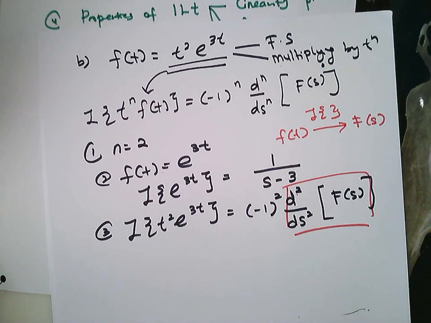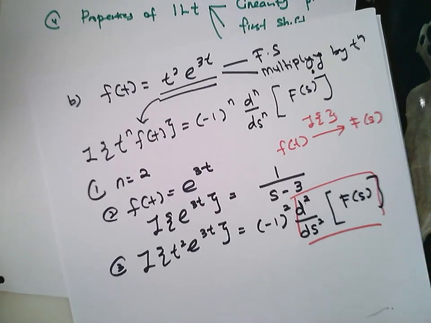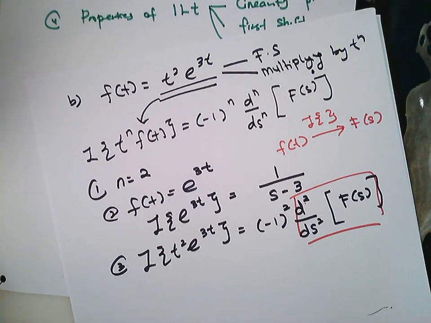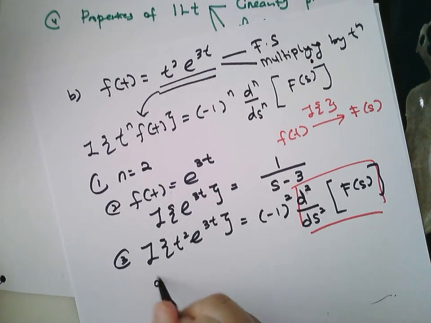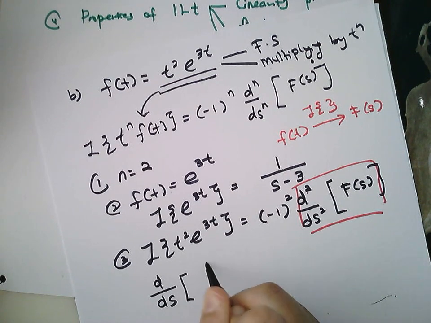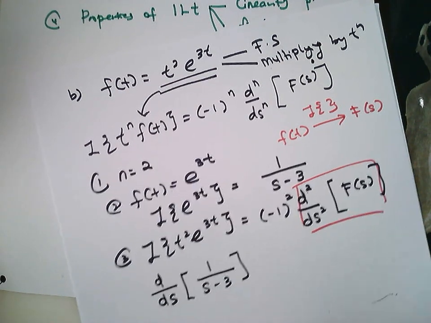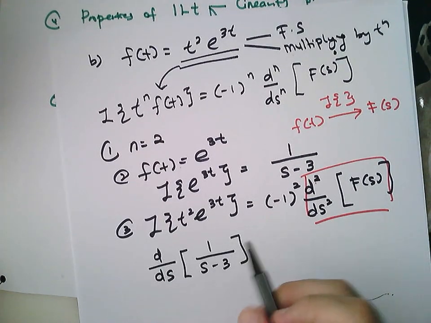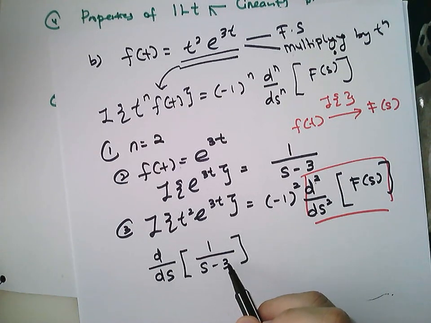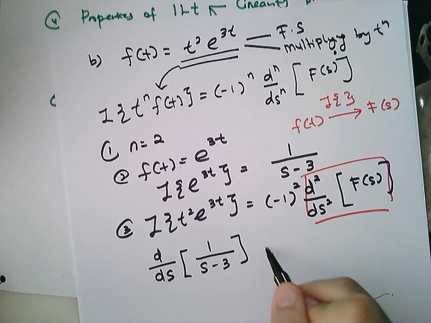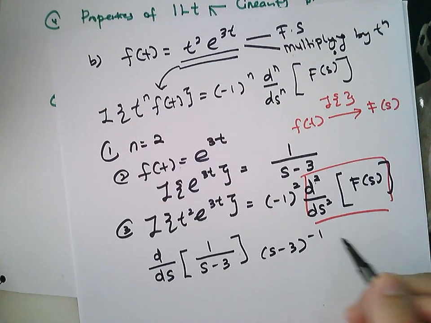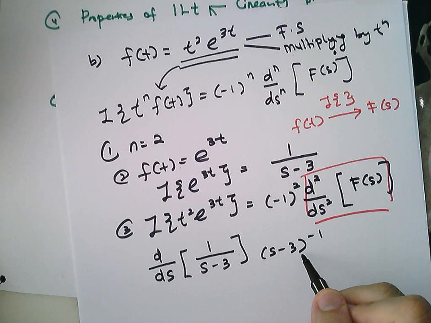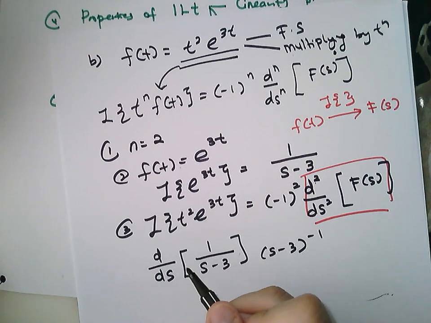So now try to differentiate. The first step is to differentiate d/ds of 1 over s minus 3. You can either use the power rule or the quotient rule. If you bring this function to the numerator, you will have (s minus 3) to the power negative 1. So use the power rule, or just use the quotient rule.